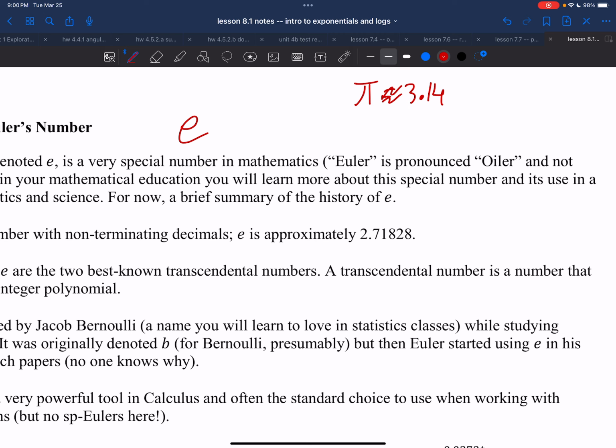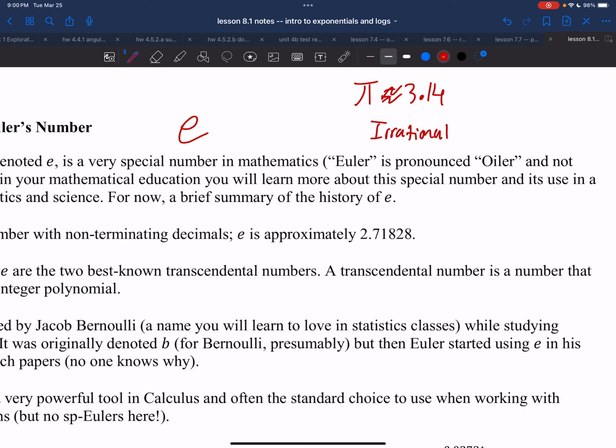It isn't 3.14, it's approximately 3.14 because pi is what you call an irrational number, right? It's this very specific special number that pops up because of circles, because pi is the ratio of a circle's circumference to its diameter. And so anytime you're working with circles, pi pops up, right?